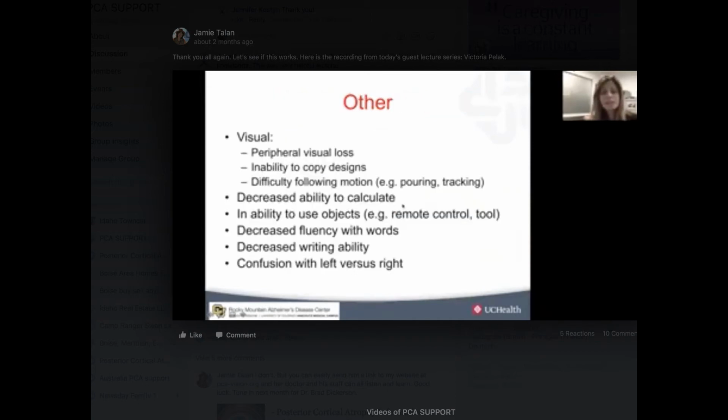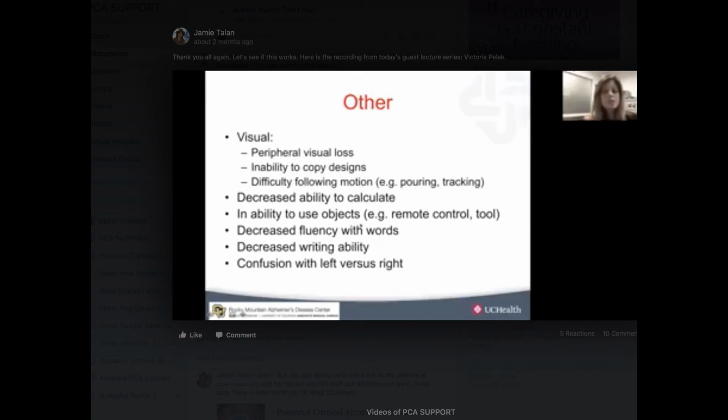So lastly, a couple more things to finish up with here. There are other visual symptoms that don't fit neatly into those pathways, and that is peripheral vision loss, inability to copy designs, and many people have experienced being tested for those things. Difficulty following motion, so while you're trying to pour something into a glass or maybe track something in the sky or in the car, all of those things are visual issues that I can't perfectly label in those particular pathways.